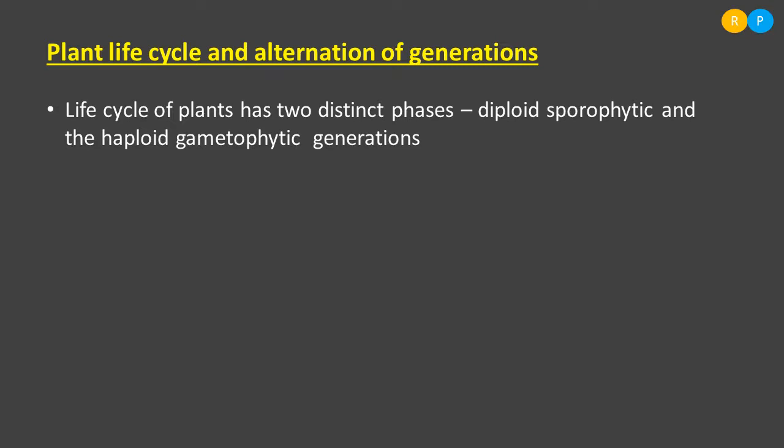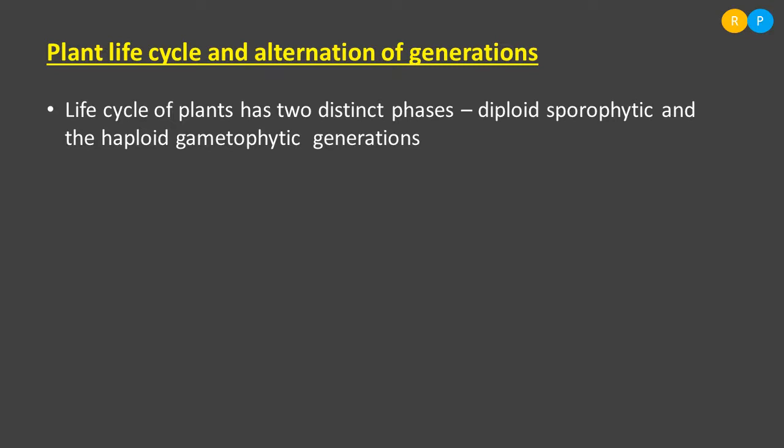Understood? And if we come to the haploid gametophytic phase, this is the phase where the plant produces gametes. The gamete producing phase is called the gametophytic phase. In this particular phase, the plant is in haploid condition. That means the number of chromosomes is only one set.